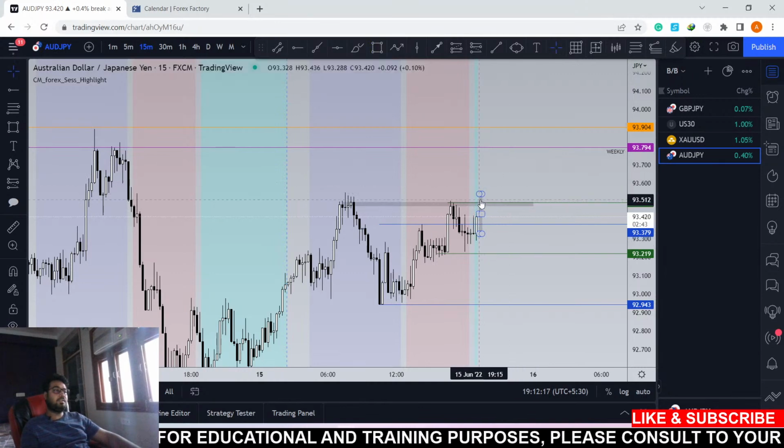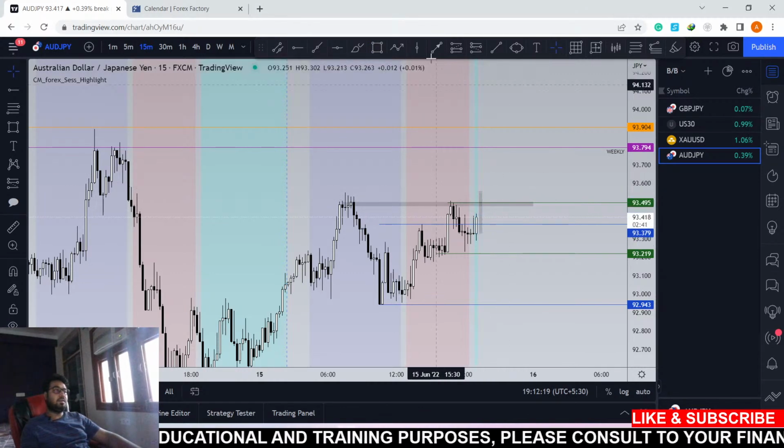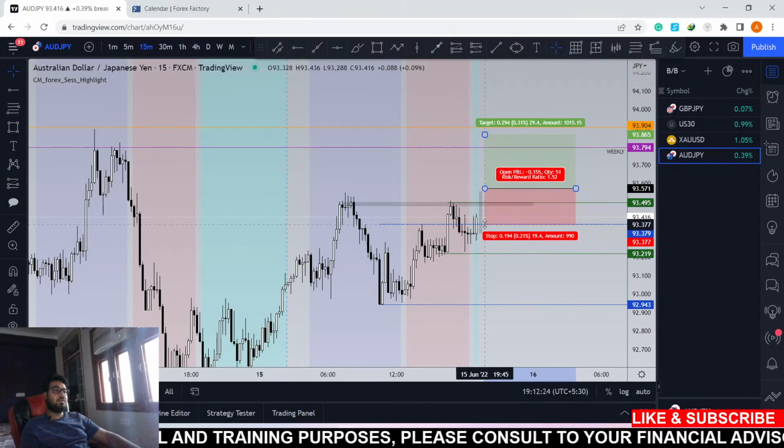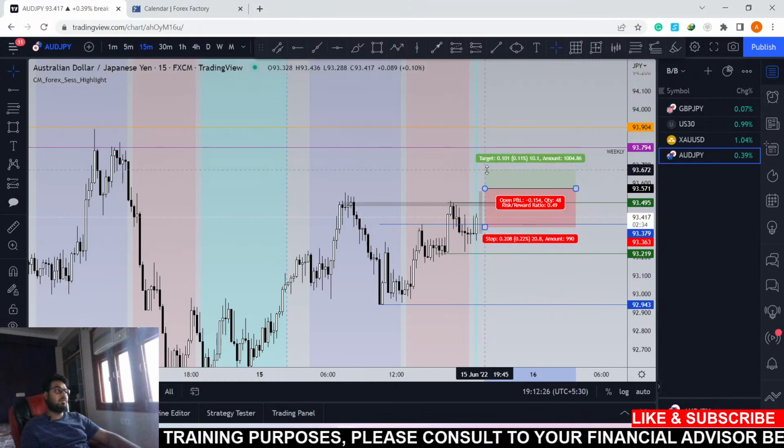If it gives this sort of candle, then my entry will be somewhere at around this area.